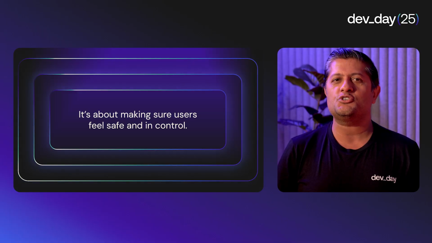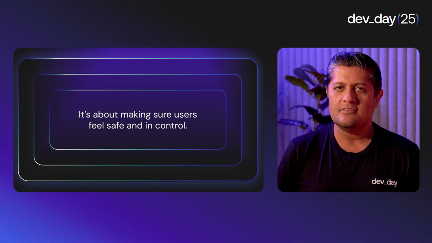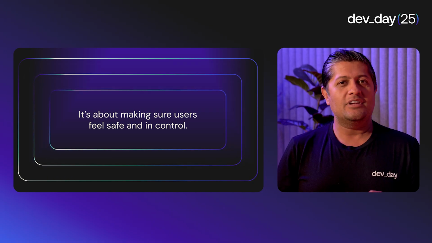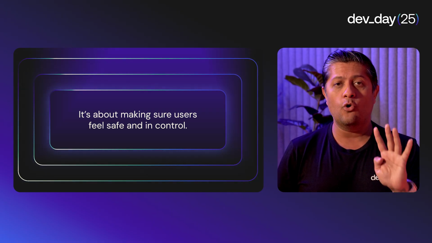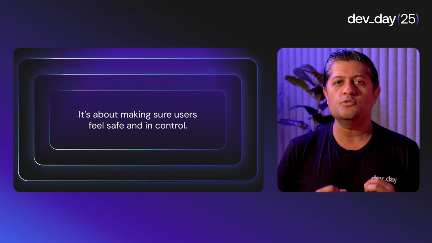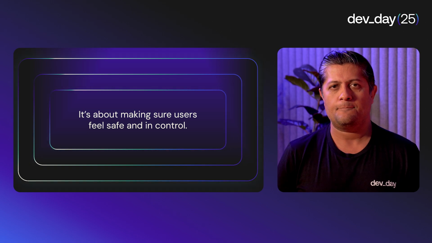It means we've got to rethink identity from the ground up. It's not just about logins anymore. It's about making sure users feel safe and in control. To get this right, we've identified 4 requirements that are super important for identity. Now, these are not brand new ideas, but they matter way more with GenAI. So, let's break it down from the user's point of view.